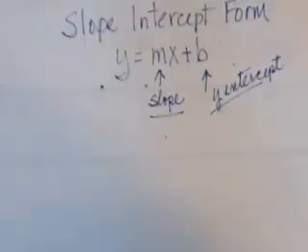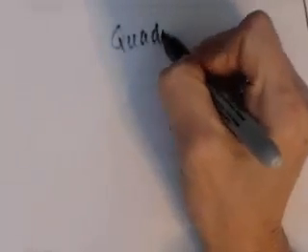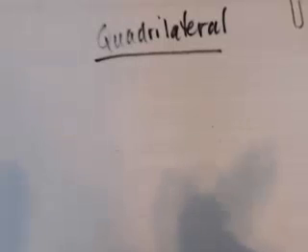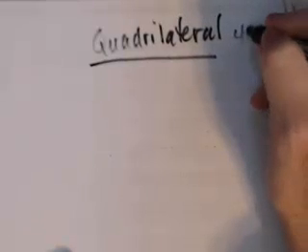Now, what I like to do in terms of creating an idea of how quadrilaterals are all related to each other, I like to create a family tree. Where quadrilateral is the family name for all 4-sided figures or all 4-sided polygons.